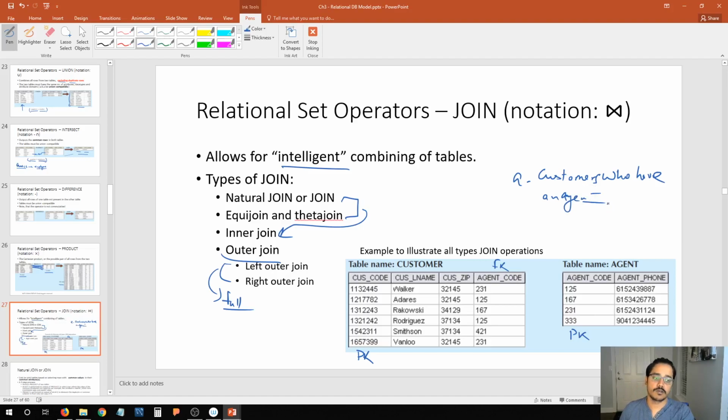This is what we want to find out, okay? So if you want to do this, then it is much easier if you perform join on these two tables. So now in order to perform join, the one that we will discuss here is basically natural join.